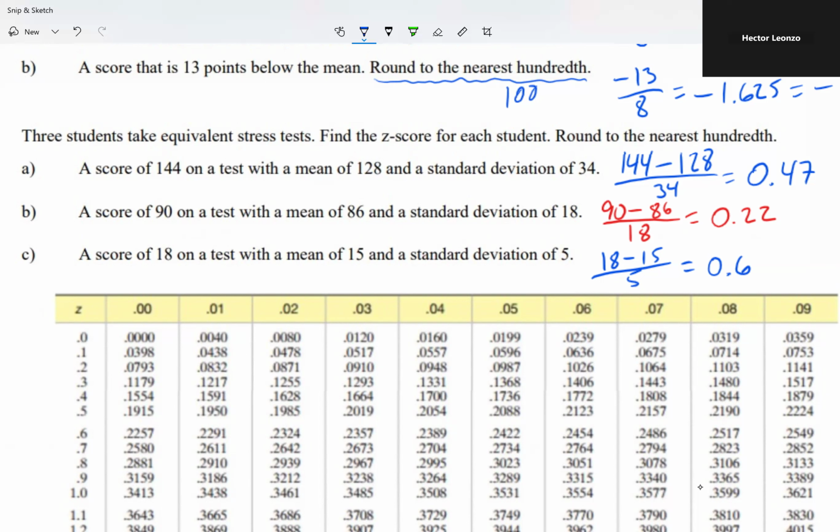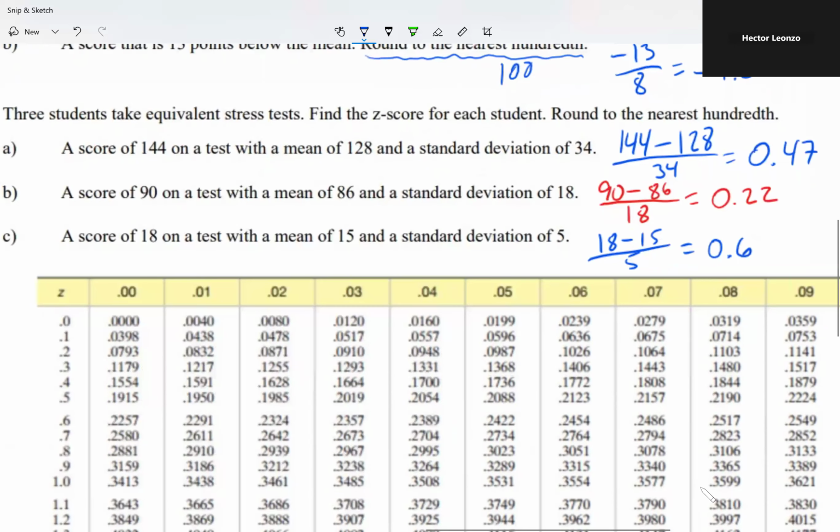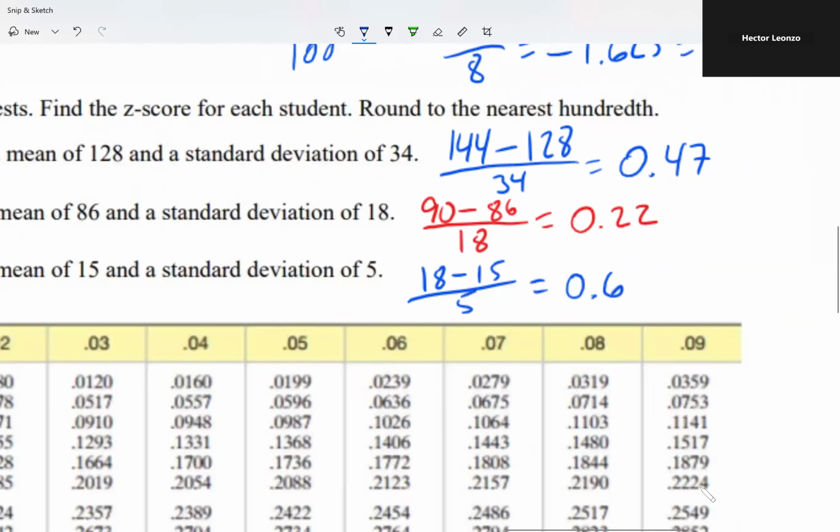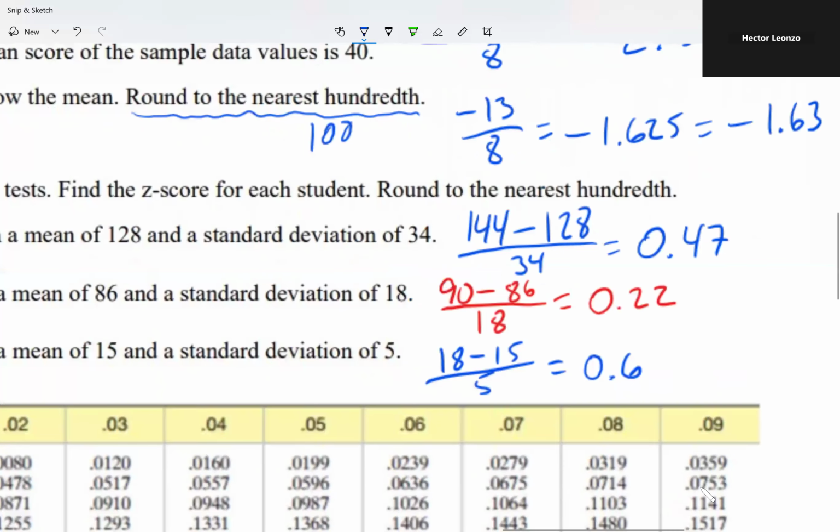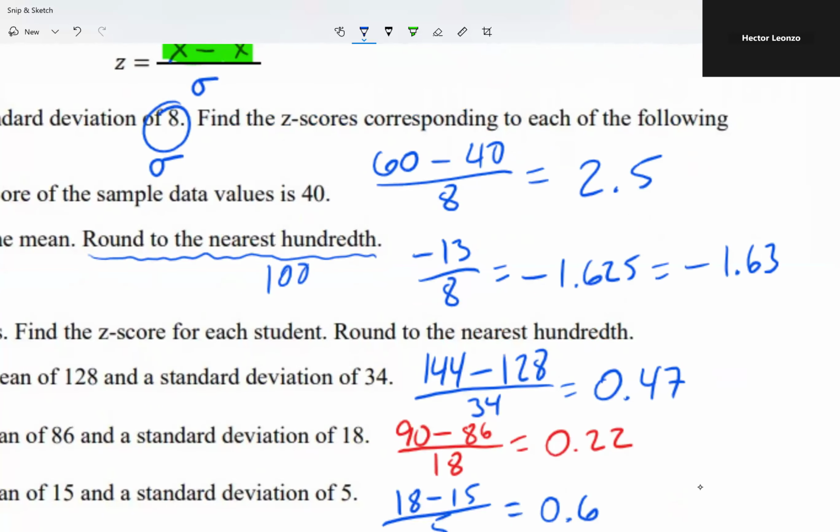Now, one thing. In these three examples, notice how my C-scores were positive. Now, one thing, they're not always positive. Look at the previous example. One of my C-scores was a negative.